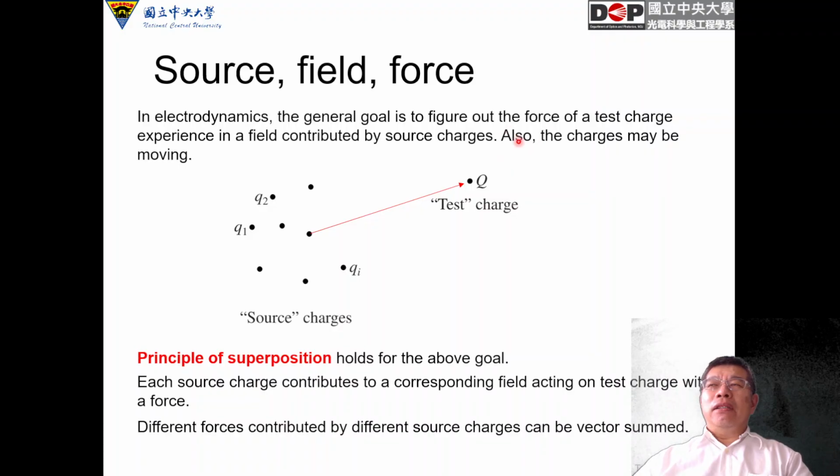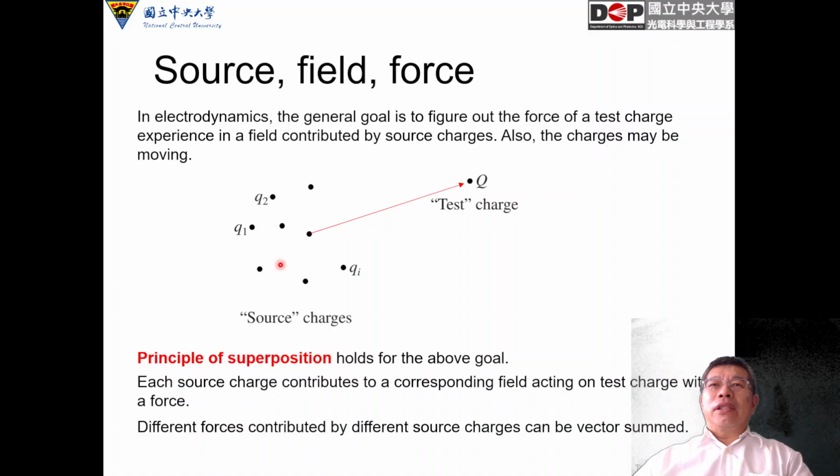Much later, the charge may be moving in space, but that will be the dynamic part. But now we only consider charges just distributed in space, like the plot here. So there are so many charges. We use Q as the symbol to describe the charge, and we use Q1, Q2, those subscripts, to describe the first one, the second one, and the ith charge.